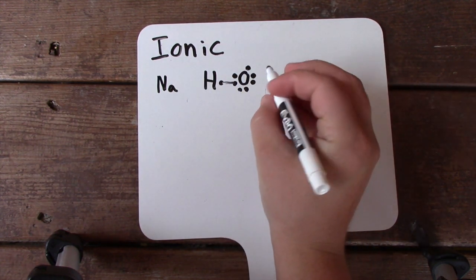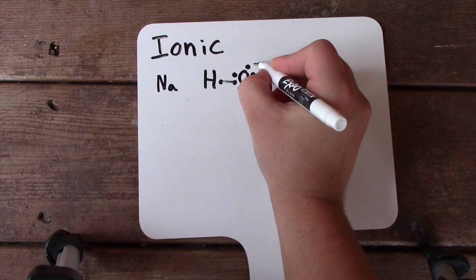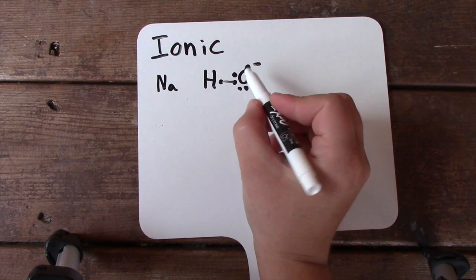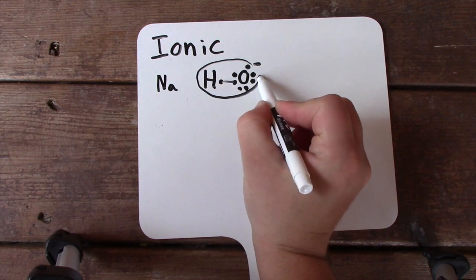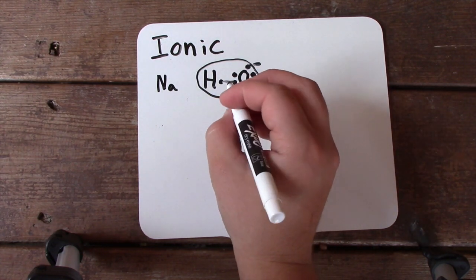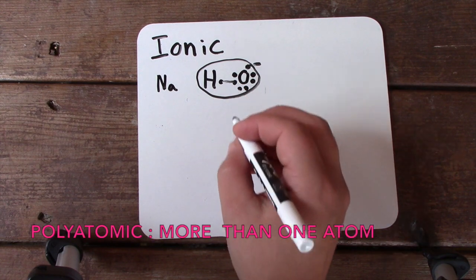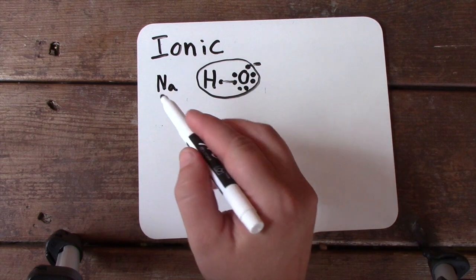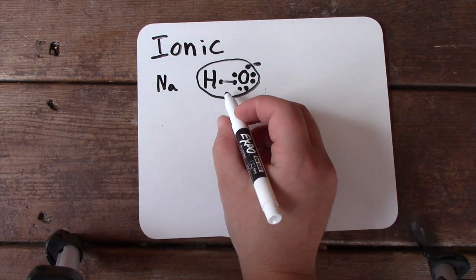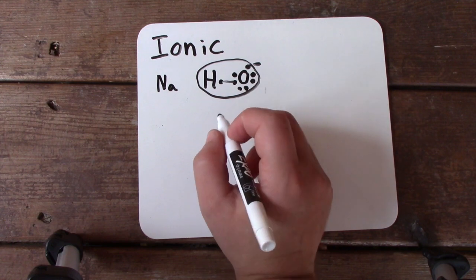Now, with that electron comes a negative charge, because the electrons are negatively charged. So now this whole part is negatively charged. This is called hydroxide. It's a polyatomic ion. An ion is usually an atom, but sometimes a molecule, with either a negative or positive charge total.